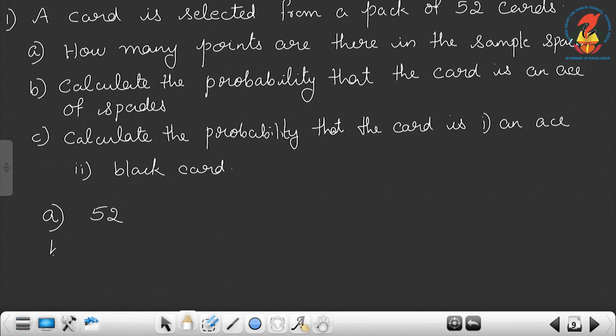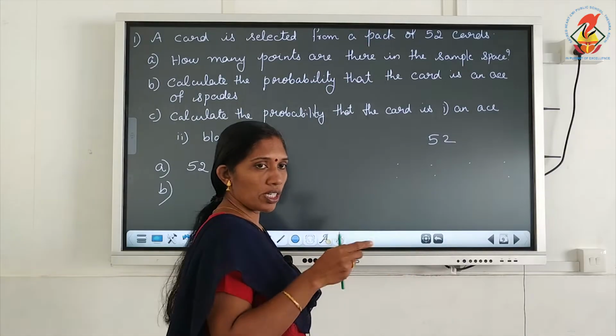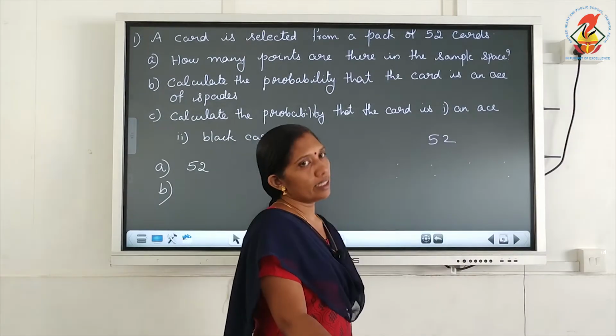Now the second one, calculate the probability that the card is an ace of spades. The 52 cards are divided into four types: spades, clubs, diamonds, then hearts. In each suit there are 13 cards.